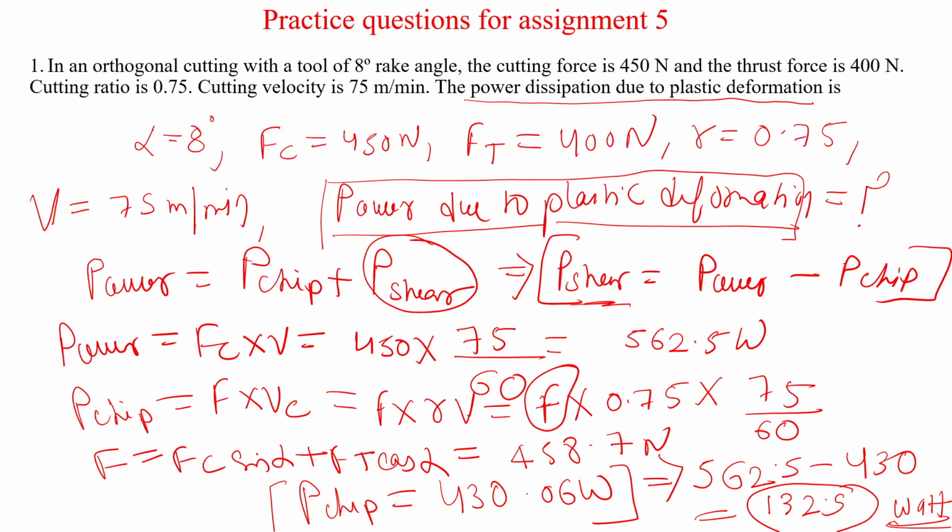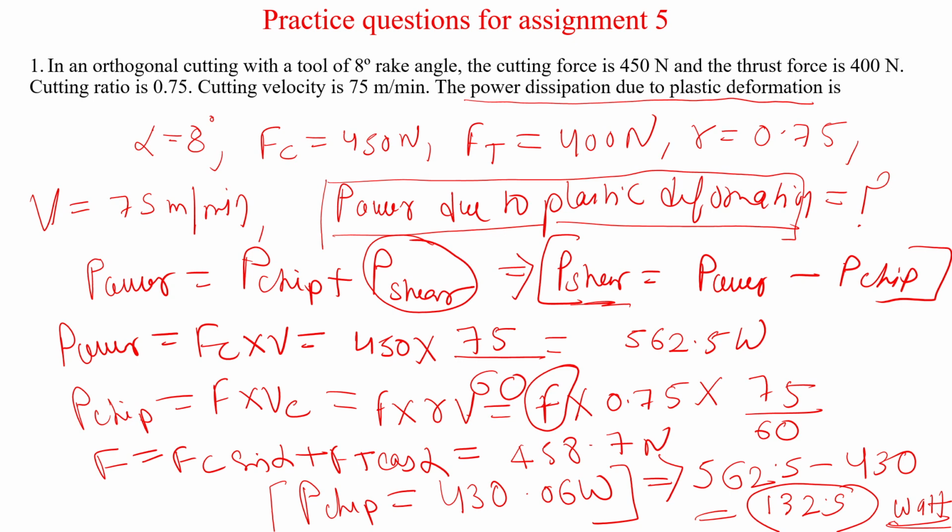Understood this question? Everyone understood this question? What mistake were you doing? So basically you need to first understand which power it is asking. If it would have asked to calculate the power dissipation due to chip, then the answer would have been 430, right?